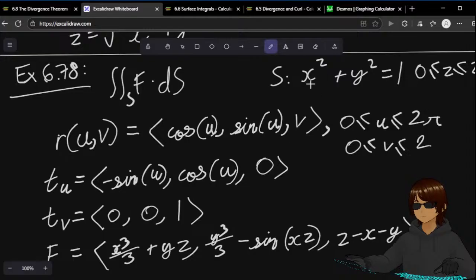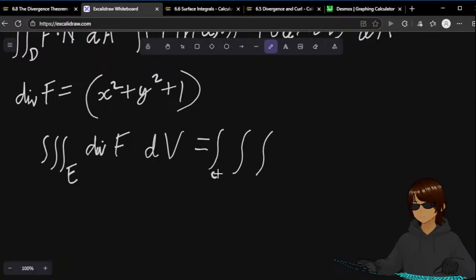So x goes from, where x squared plus y squared equals 1. 0 to 1 for z. 0 to the square root of 1 minus x squared for y. 0 to 2 pi.